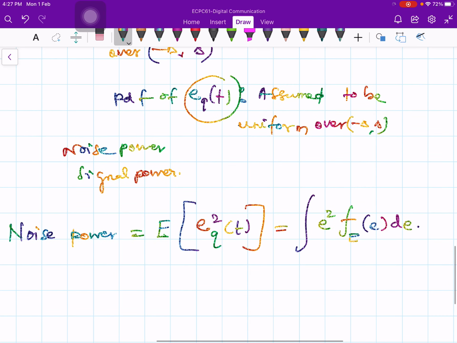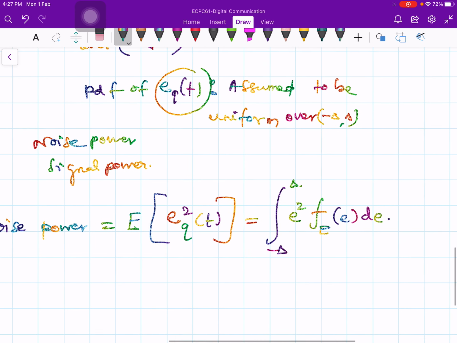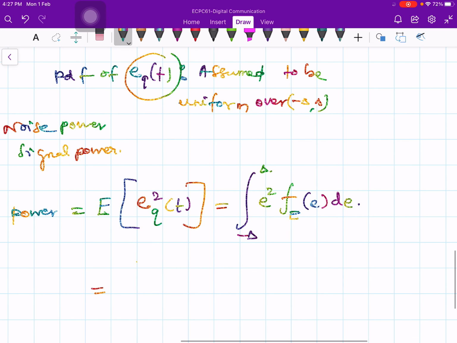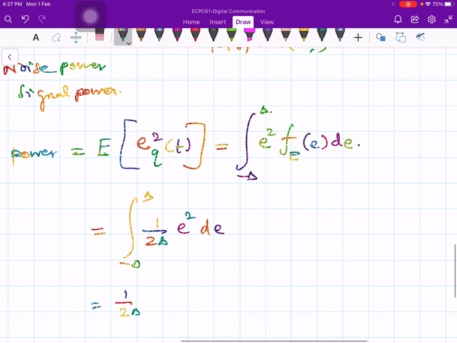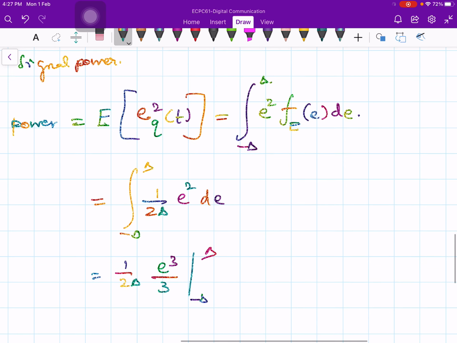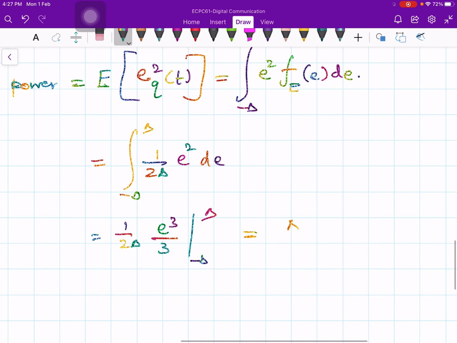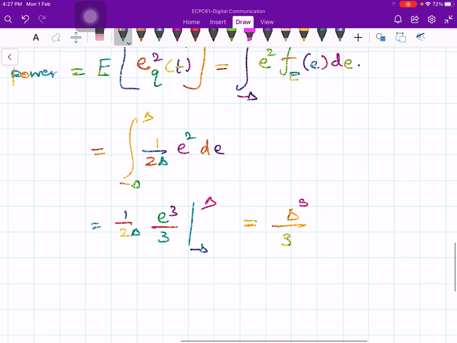The limits are minus delta to plus delta, and f_E(e) is 1 over 2 delta. So this is 1 over 2 delta times e cubed over 3, with limits minus delta to plus delta. So this is delta squared over 3. This is the noise power.